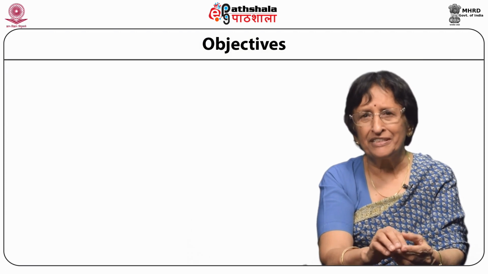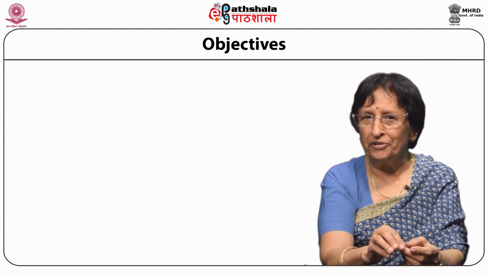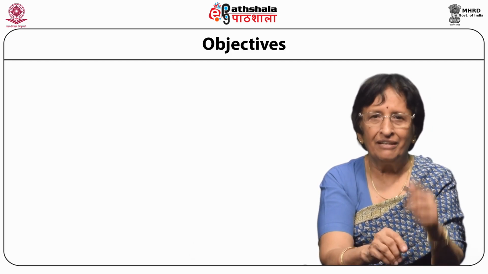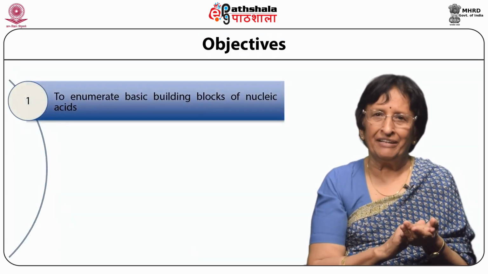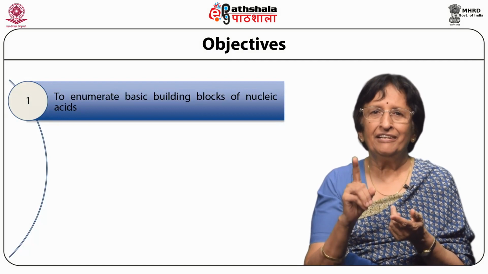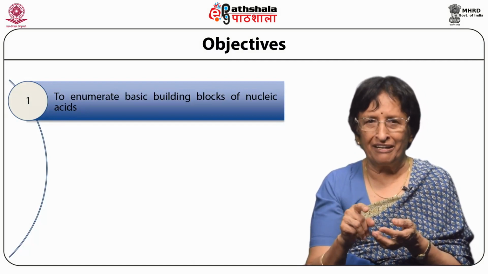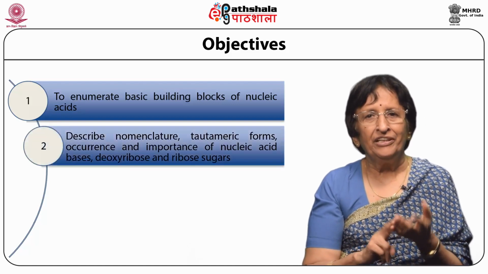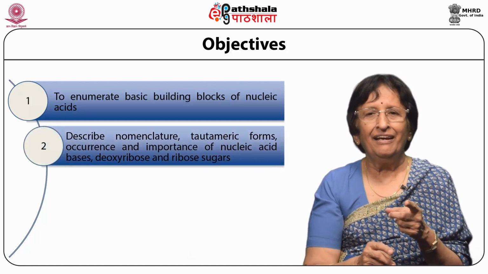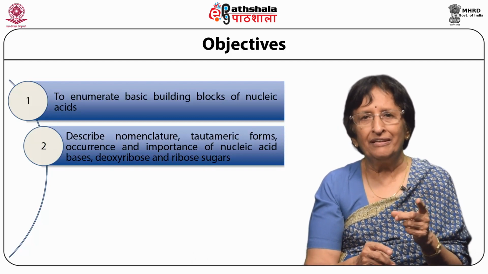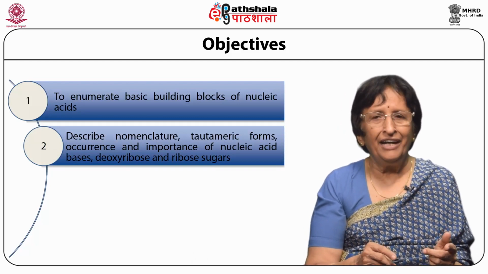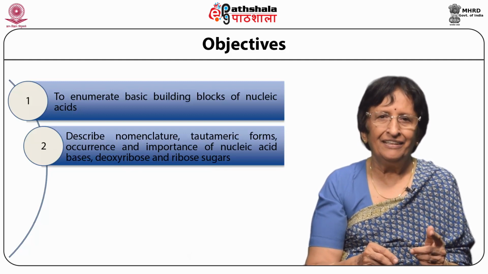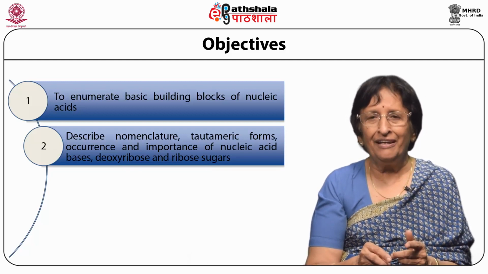Students, let us first see what you are going to learn in this module. First, I would like to enumerate the basic building blocks of nucleic acids. Next, I want to describe nomenclature and different tautomeric forms, occurrence and importance of nucleic acid bases, deoxyribose sugars and ribose sugar.